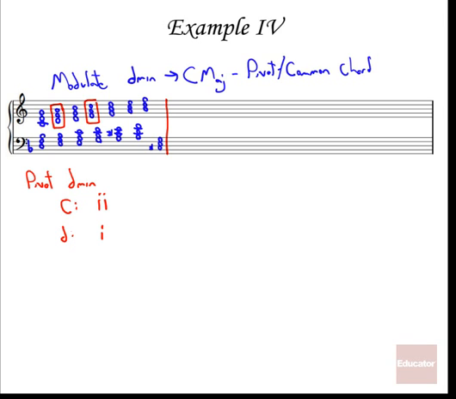And now let's write a chord progression that involves C major going to a 2 and then reinterpreting that as 1 in D minor. So of course we're probably going to start on C, and we'll need to establish C, so why don't we just move immediately to 5 and back to 1.